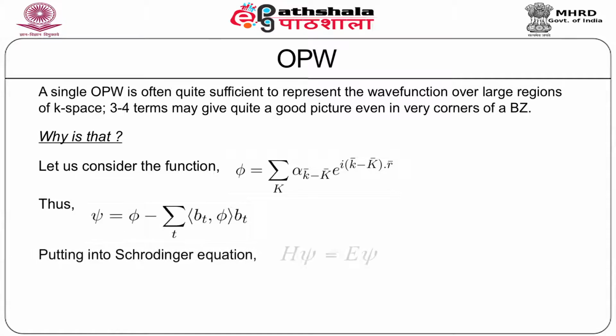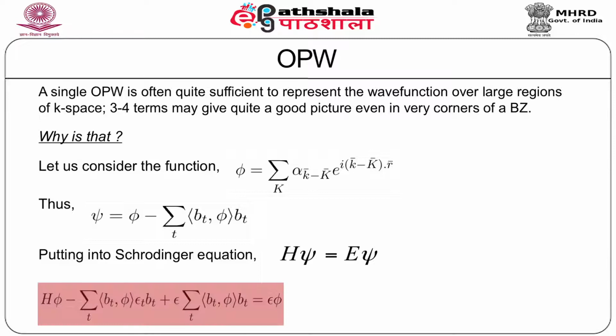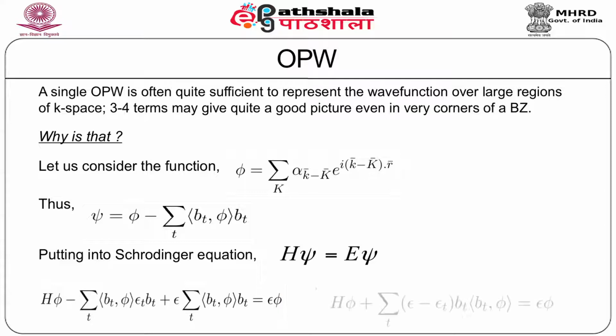Putting this into the Schrodinger equation given by capital H psi equal to E psi, and using that H bt is equal to epsilon t bt, which is the eigenvalue corresponding to bt, one gets the following expression, shown here. One thus has, just from this equation, taking epsilon times phi into the left hand side, which is shown here with a small readjustment.